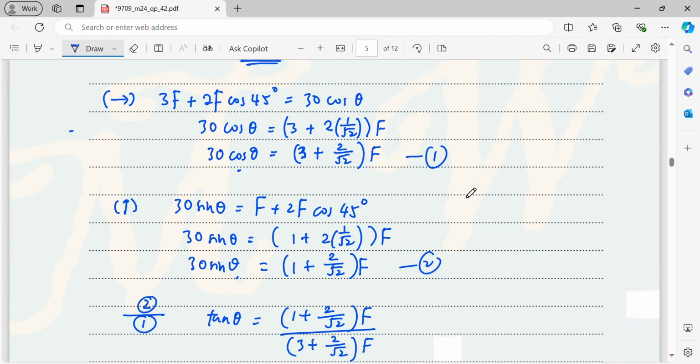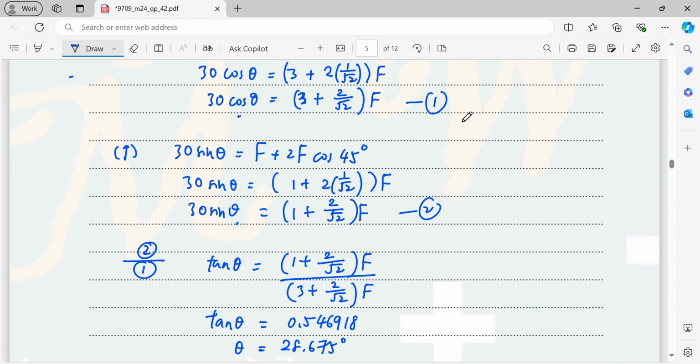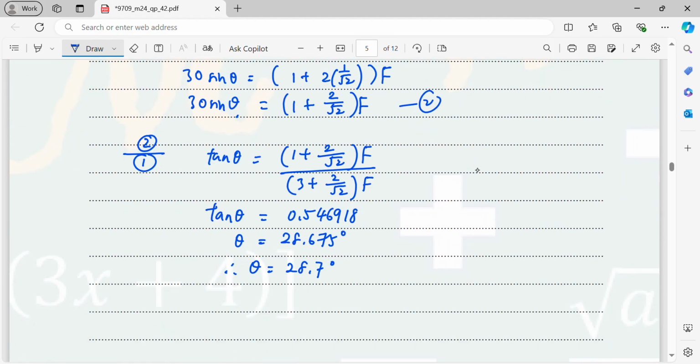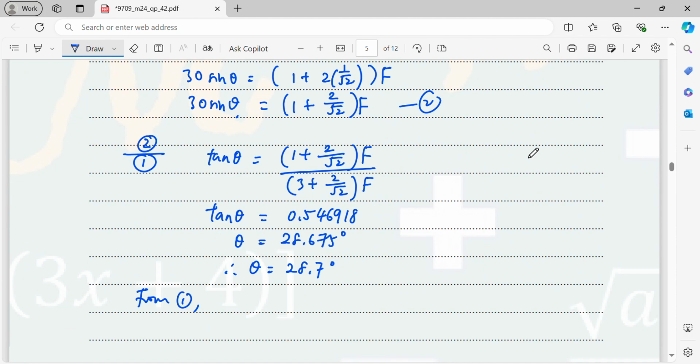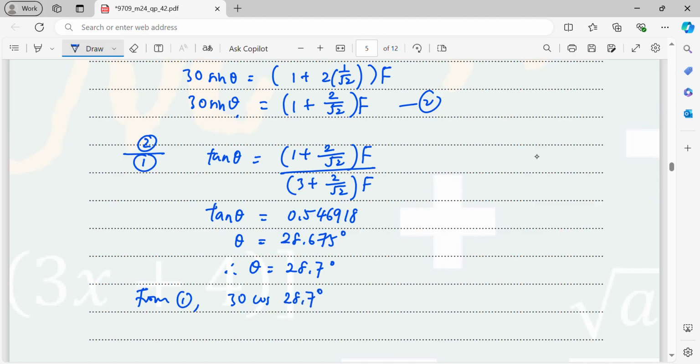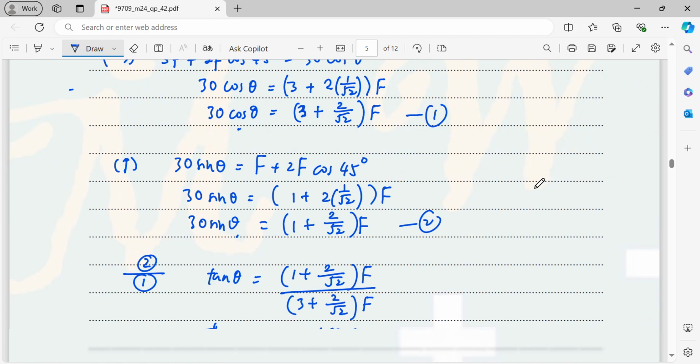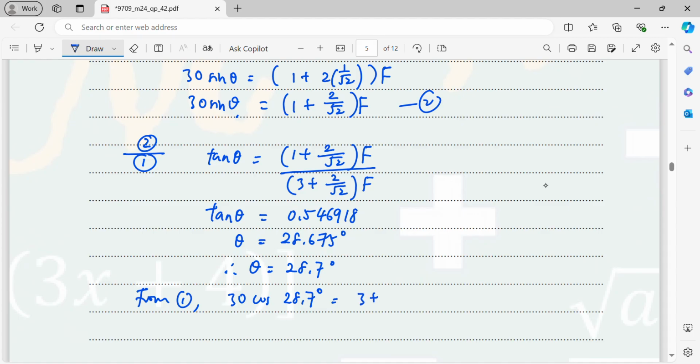Now, for the calculation of F, I will use the first equation. From the first equation, 30 cos theta equals (3 plus 2 over square root 2)F. For your information, for theta don't use the final answer, because in the calculation we use more decimal places, 28.675 degrees.